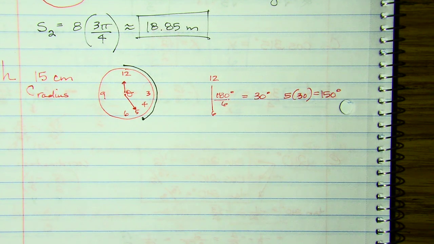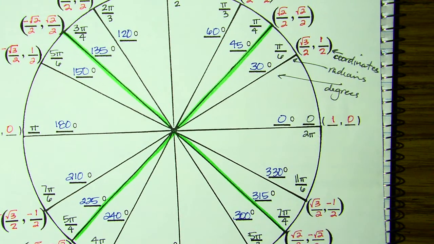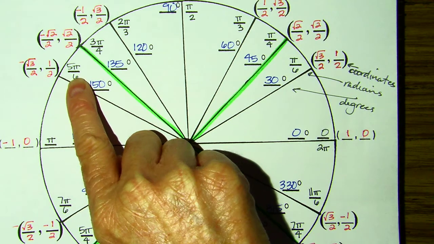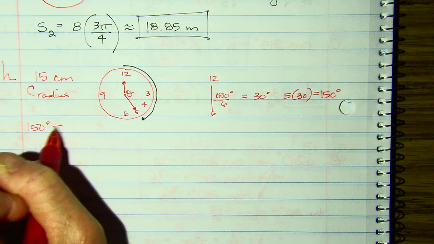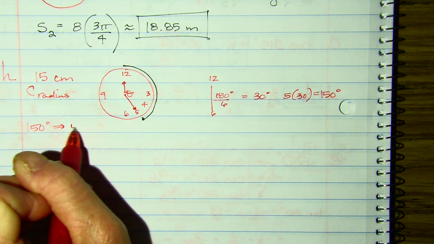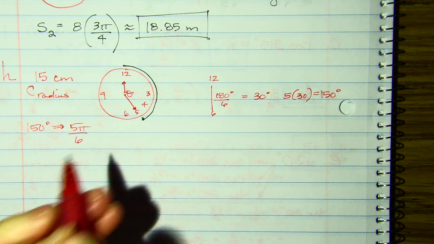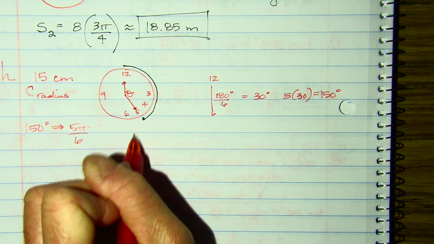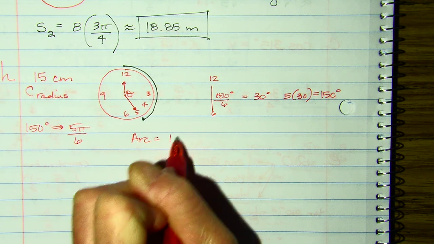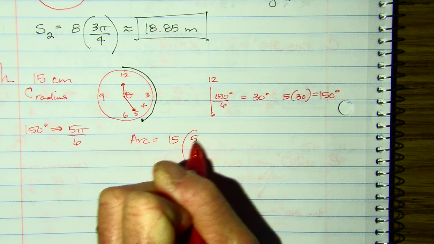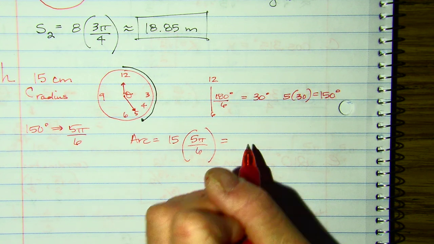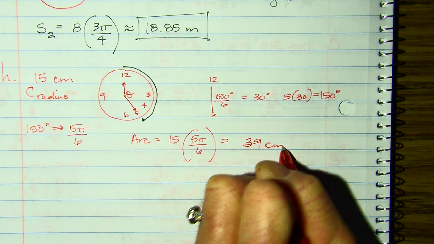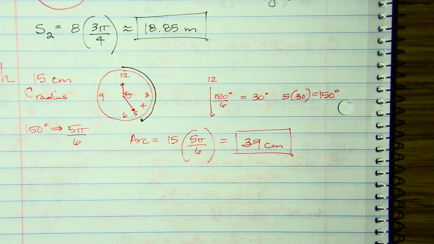And I can simply use my unit circle. 150 degrees is 5 pi over 6. So the measure of my arc equals my radius of 15 times 5 pi over 6. And I ended up with approximately 39 centimeters is how far the hand traveled.